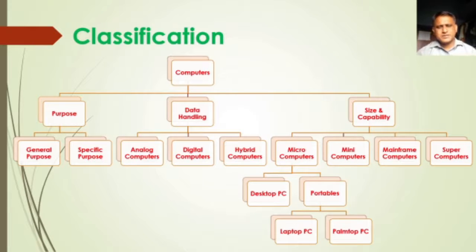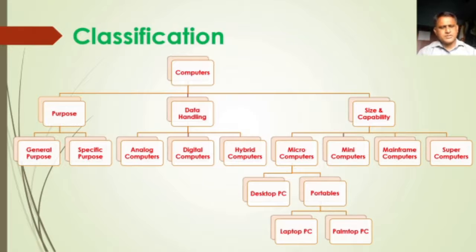That is based on how the computer handles data, in what mode the computer handles the data. Based on the size and capability, computers can be classified as microcomputers, mini computers, mainframe computers and supercomputers.